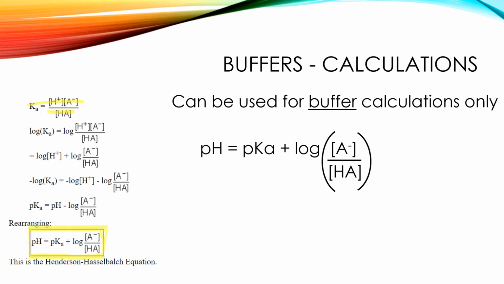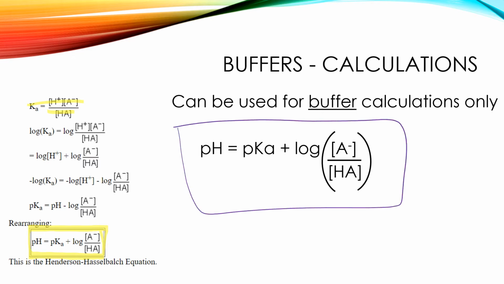That's not something you need to know, but if you're interested, it's there for you. Regardless, at the end of the day, we get this equation that we can use to calculate the pH of buffer solutions. So you can only use this for buffer solutions, okay?